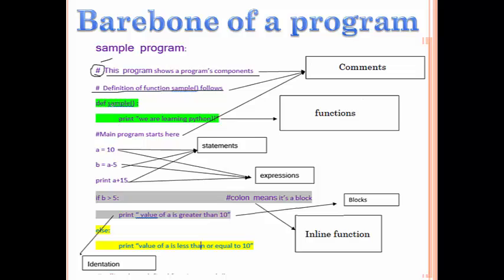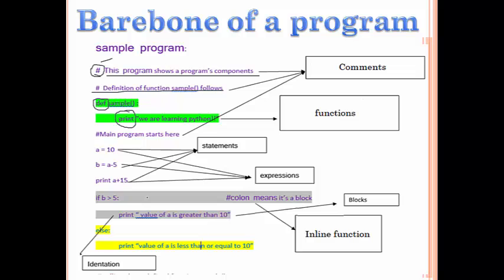Now next comes your function. Here, this def is a function. Even that print is a function. Functions are inbuilt programs, or even the programmer can make his or her own. These are small pieces of program that receive data, process it, and give you output. So these we call functions.